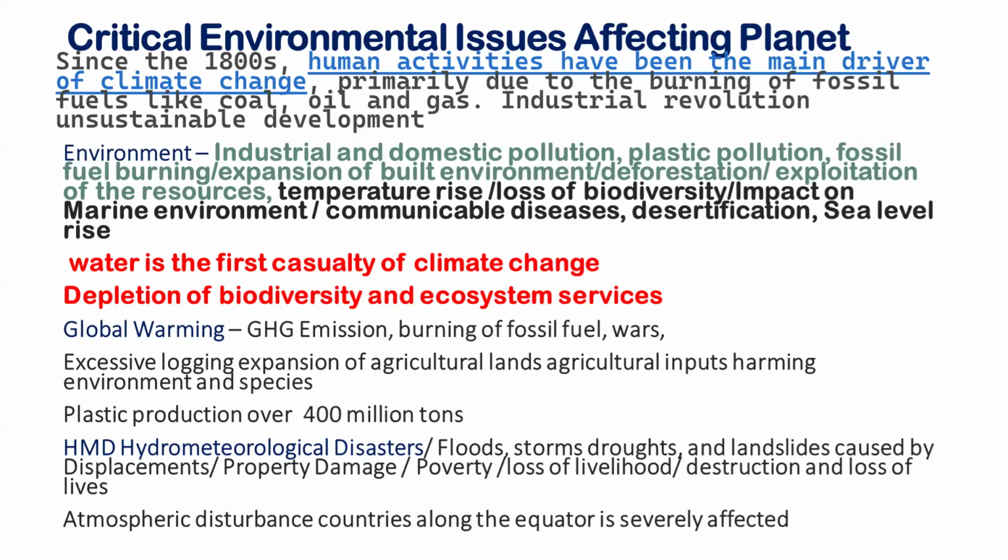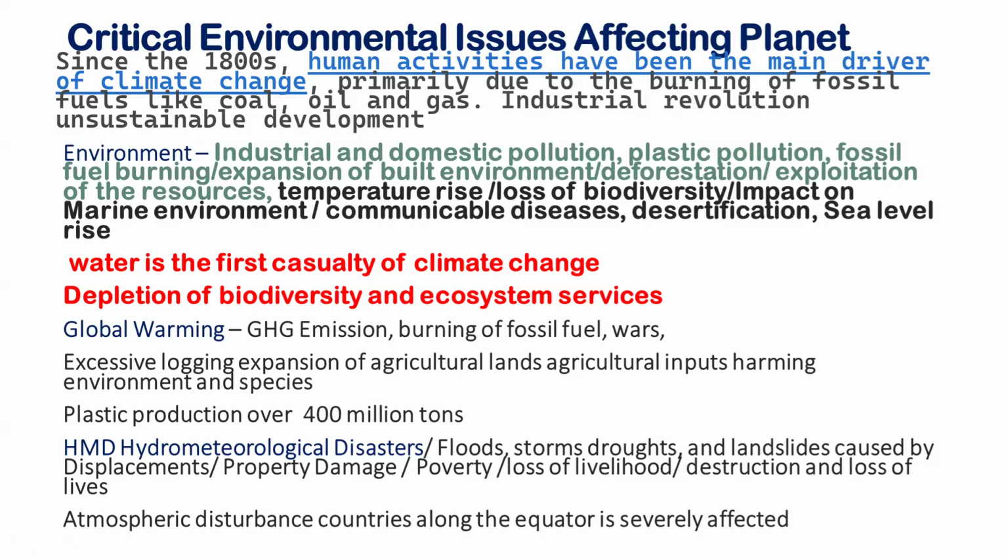Then plastic pollution. Current production of global plastic is 400 million tons. Out of this, about 80 million go to the sea.